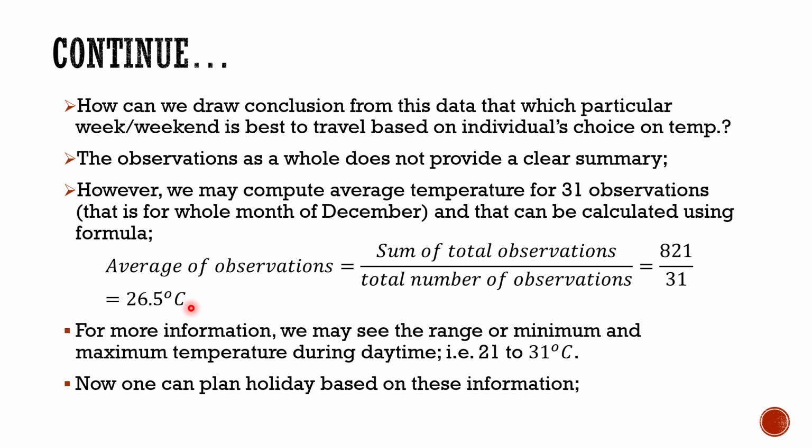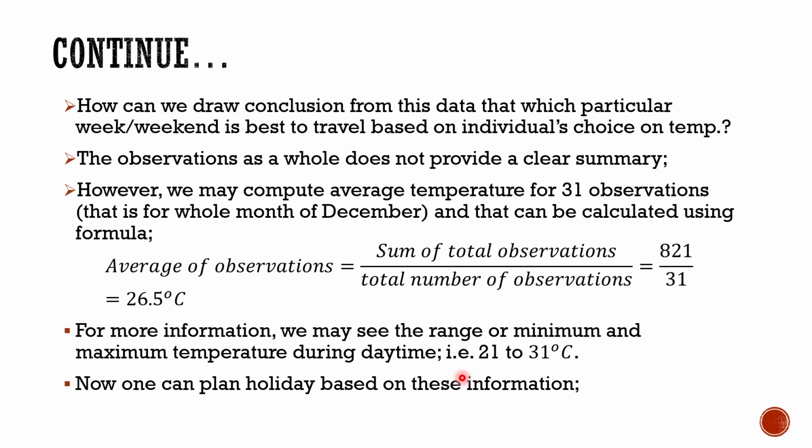So now we have an idea about the whole set of observations. For more information, we may look at the range, that is, the minimum and maximum temperature during the daytime. For this example, this is 21 to 31 degrees Celsius.